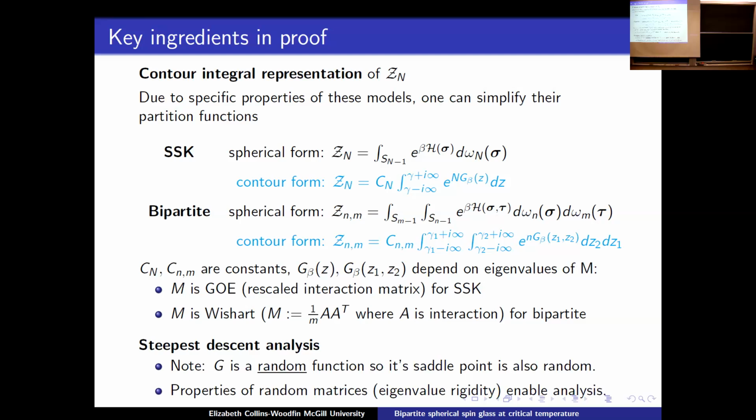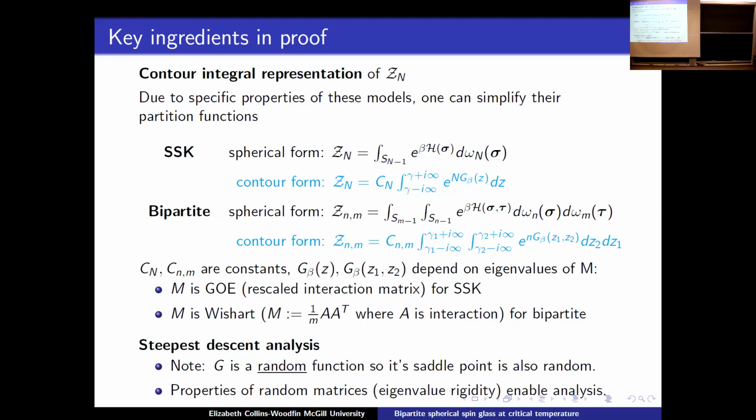Okay. So the next step, once we have this contour integral representation, is a steepest descent analysis. Now, a priori, steepest descent analysis is something that we would apply for a deterministic function. What we need to know here is that even though our integrands are random functions, they behave closely to something more deterministic.